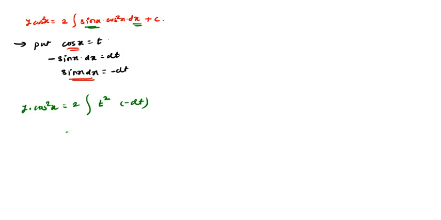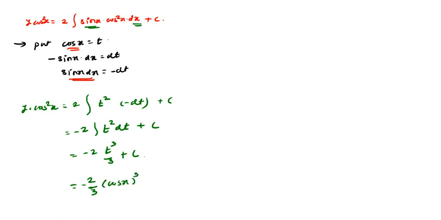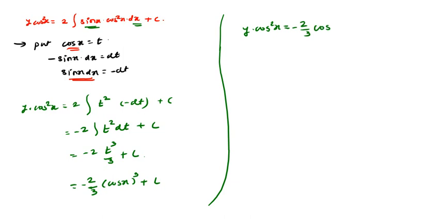So this will be minus 2 integral of t square dt, which is minus 2 times t cube by 3 plus c. Resubstituting t as cos x, this will be minus 2 by 3 cos cube x plus c. So finally we get the answer as y into cos square x equal to minus 2 by 3 into cos cube x plus c. This is our final answer.